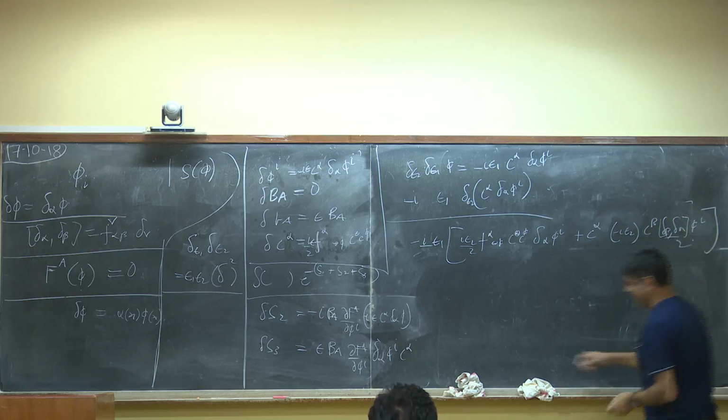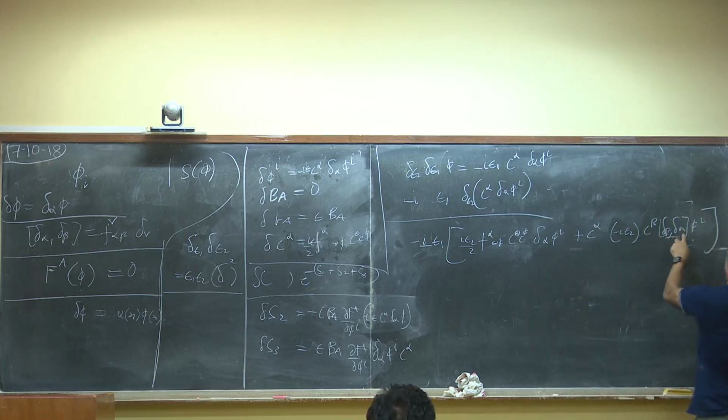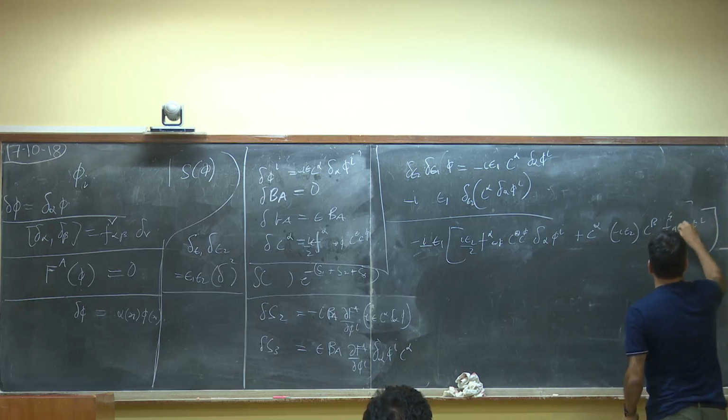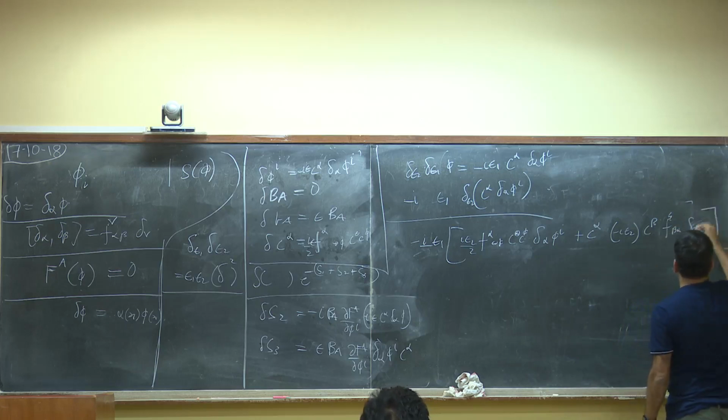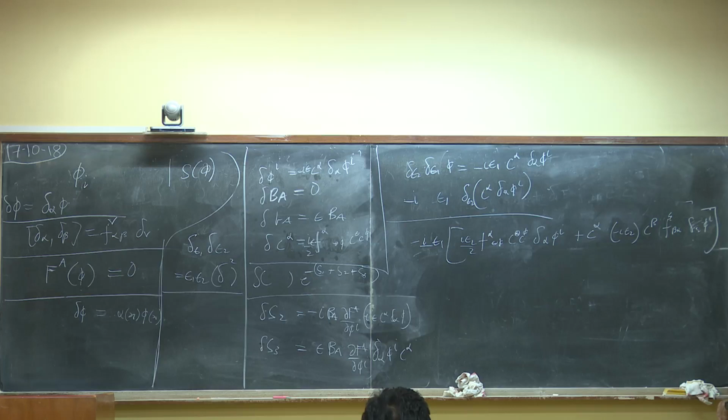So that's F beta alpha zeta, F zeta beta alpha delta zeta phi i, by 2. Okay, and now let's see.